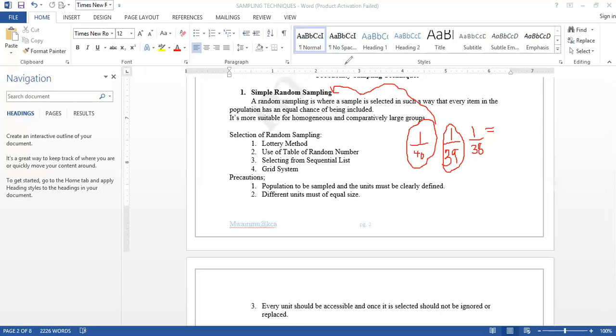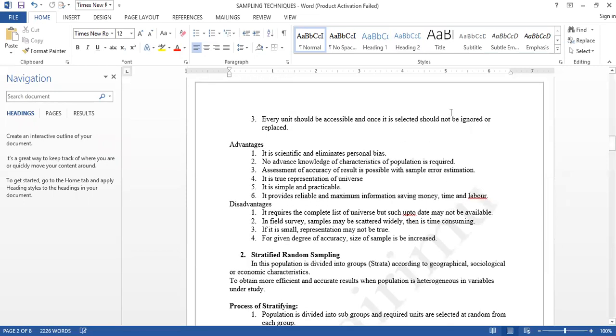So that is how we do the selection of elements from a particular population to give you whatever size of sample you want, as you, for example, carry out your research work.